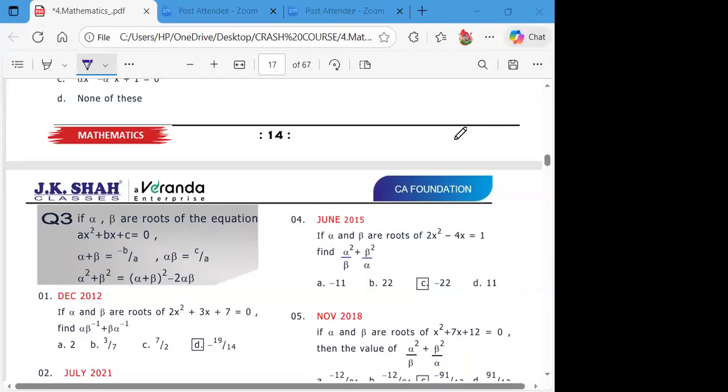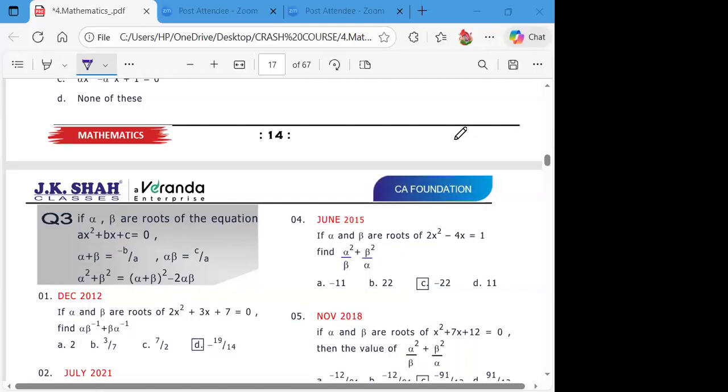Just change the sign. Clear? M plus minus root n becomes m minus plus root n.